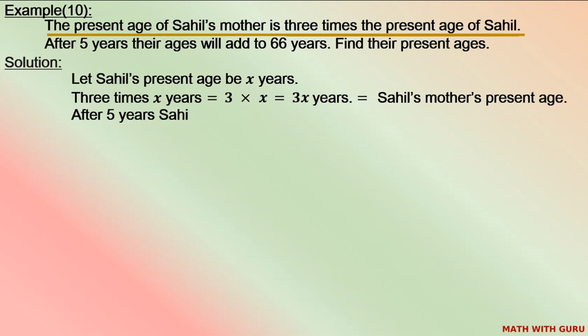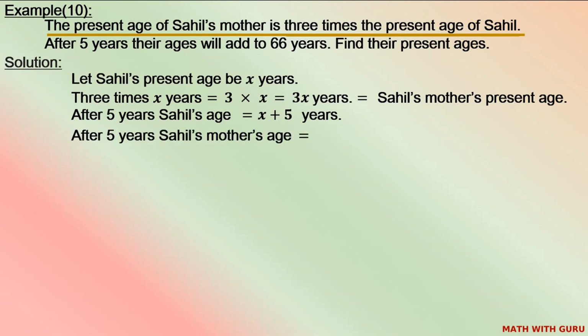Now, after 5 years, Sahil will be 5 years older. Therefore, x plus 5 years. Then, after 5 years, Sahil's mother's age, whose present age is 3x, is 3x plus 5 years. After 5 years, their ages will add to 66 years.